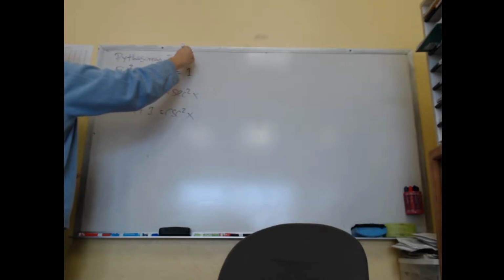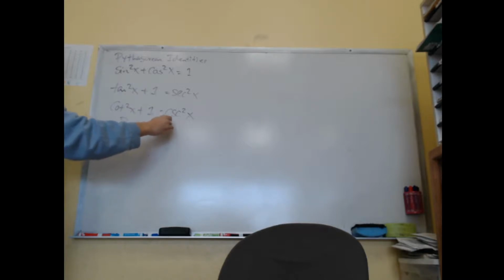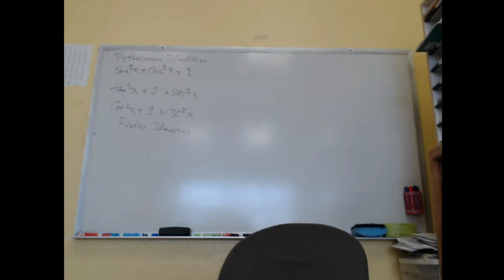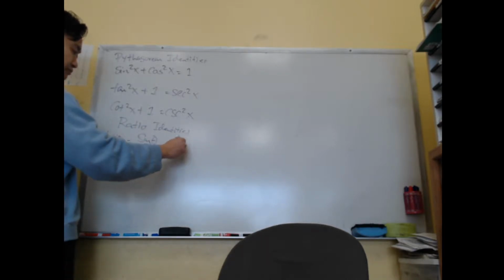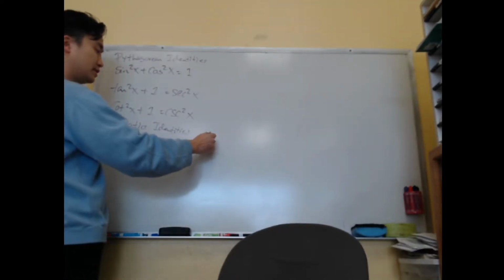What about the other basic identities, like the ratio identities? What are those? Anyone? Do you recognize them? So tangent is written as what? Sine over cosine, right? So just rewrite it in terms of sine and cosine. And then cotangent? Cosine over sine.